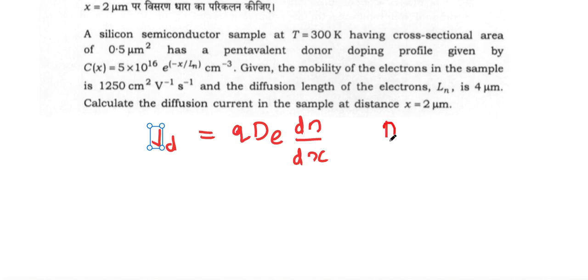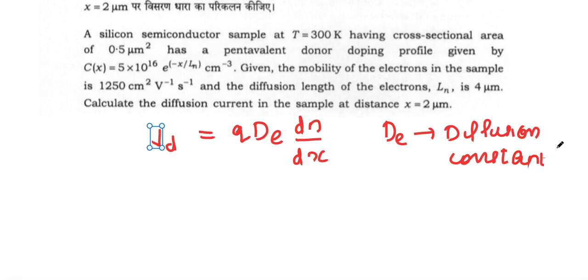Here D_e is known as the diffusion constant. q is the charge and N is the doping profile, so we have to take the derivative of N with respect to x. Instead of N we are given C of x, so C of x is equal to 5 into 10 raised to 16 e raised to minus x by L.